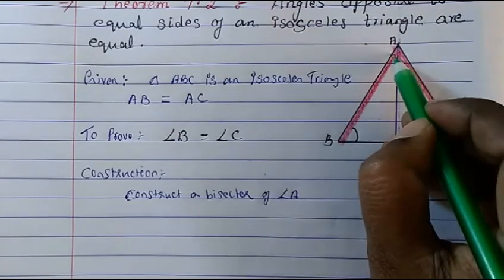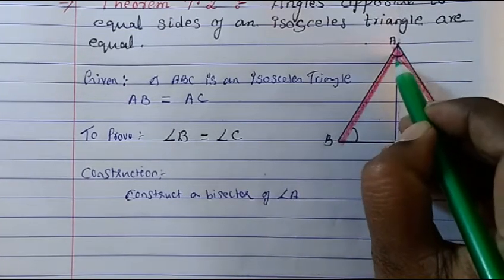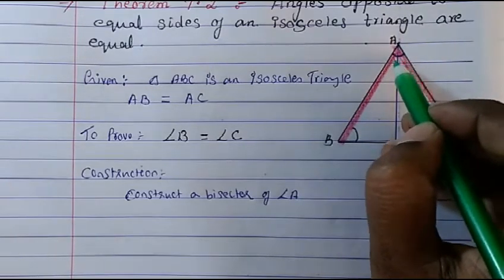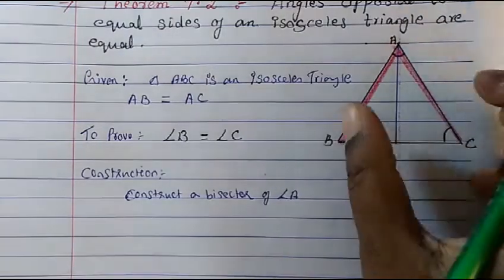Meaning this angle is equally divided. So this angle A is equally divided, that means this part and this part are equal. So that's the meaning of it.